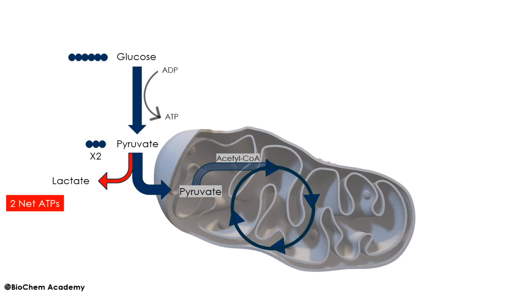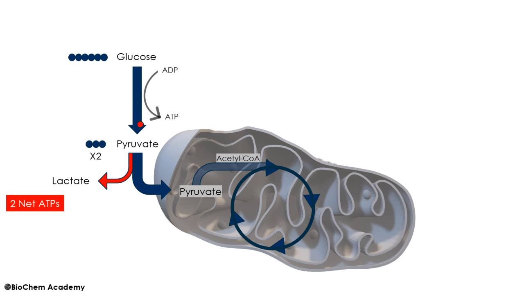Another scenario, in addition to exercising, when this glycolysis may occur, even in the presence of oxygen, there is plenty of oxygen, is in cancer cells or highly proliferative T cells. And these are due to some epigenetic and other modifications that these cells require to survive or do their job.